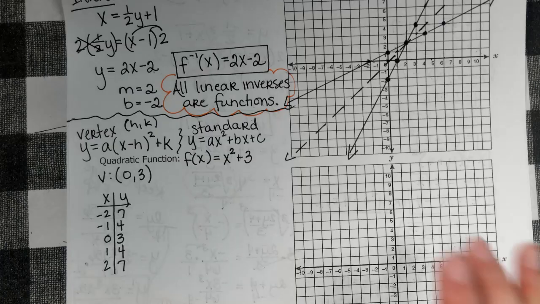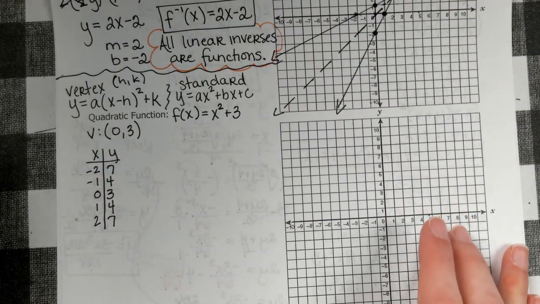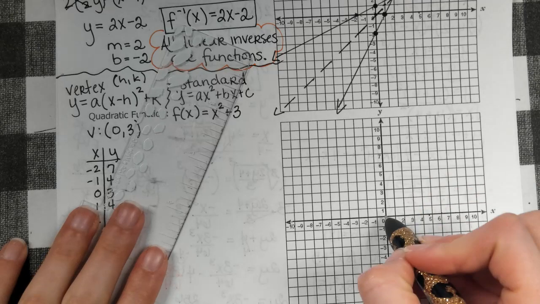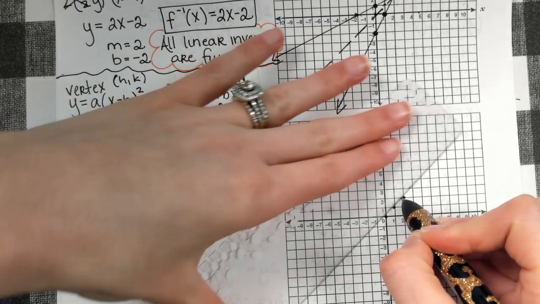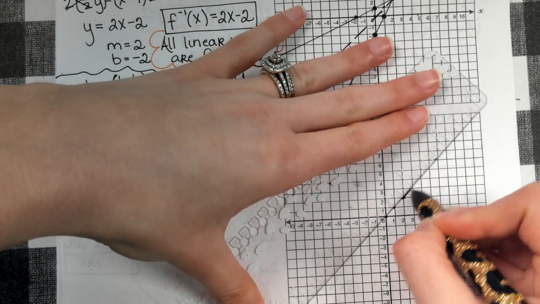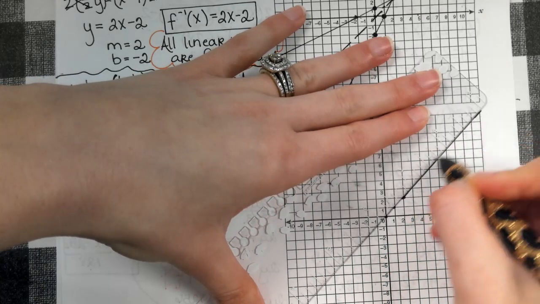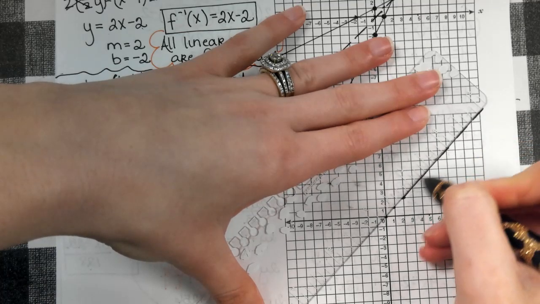So, we always have our axis of symmetry, y equals x. That's always through the origin, 1 over 1 with a slope of 1, y equals x. Oh, that should have been dashed. Just going to imagine that that was dashed.